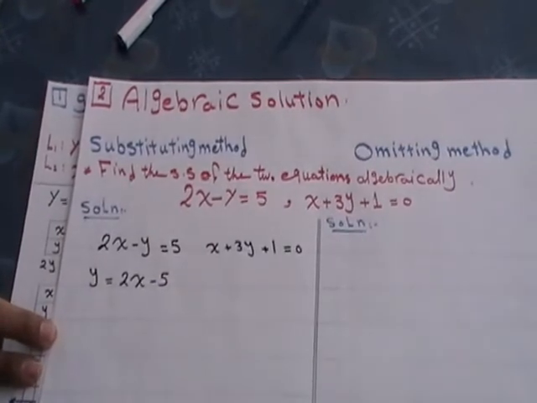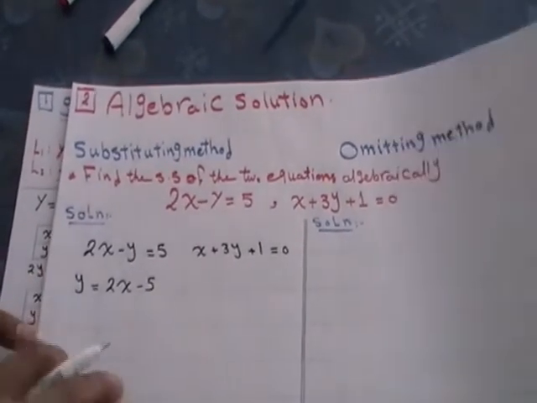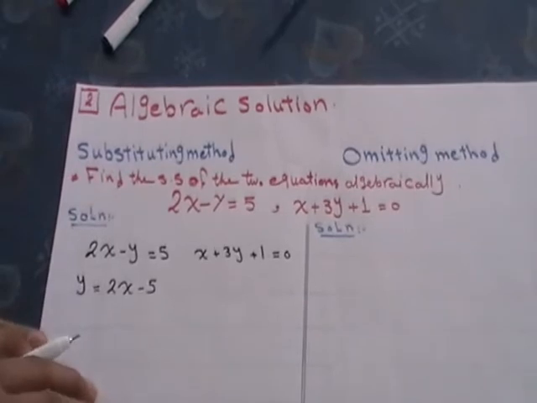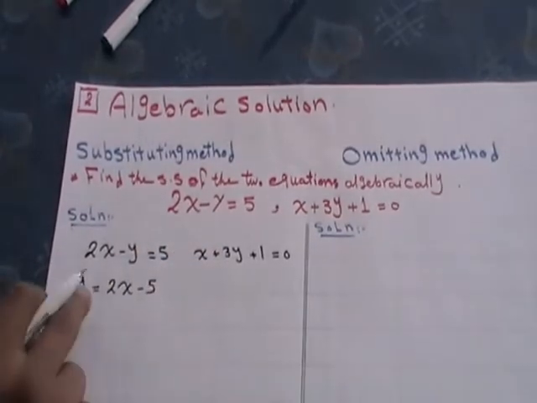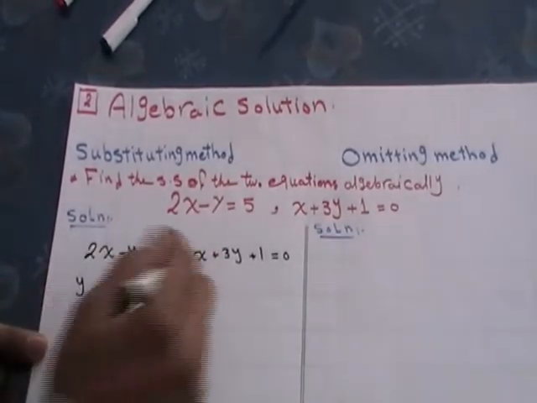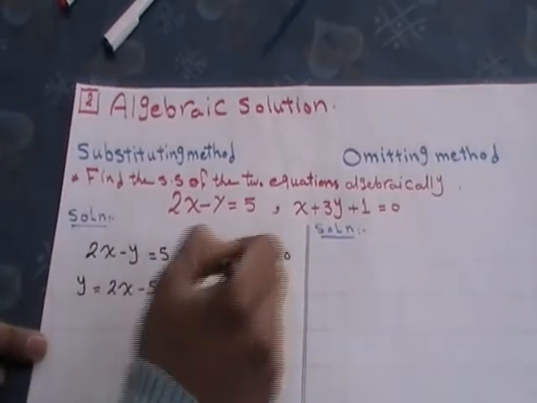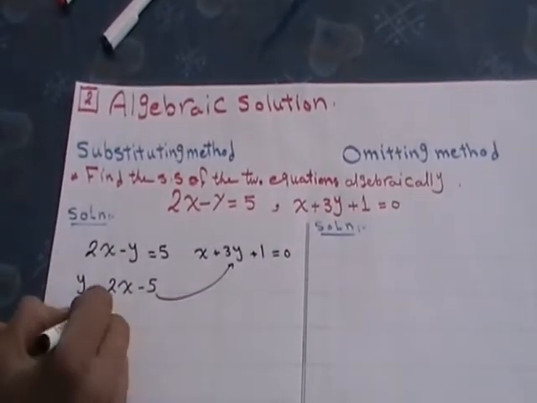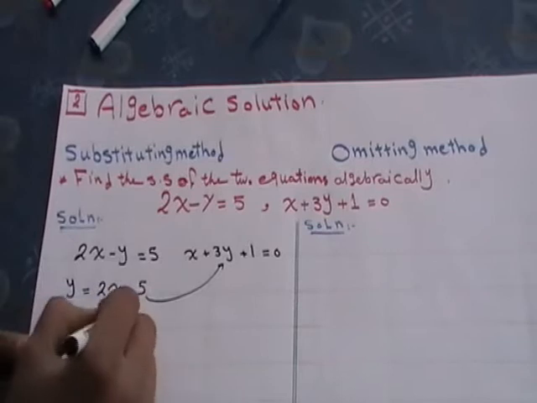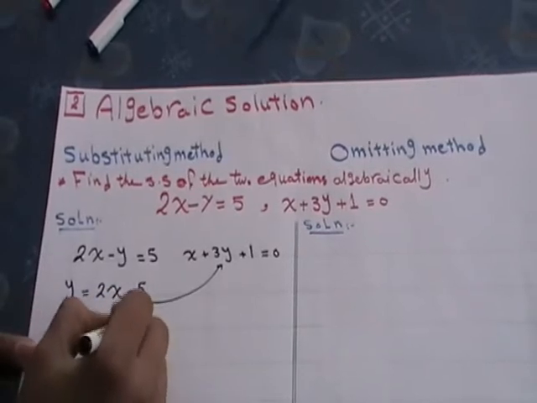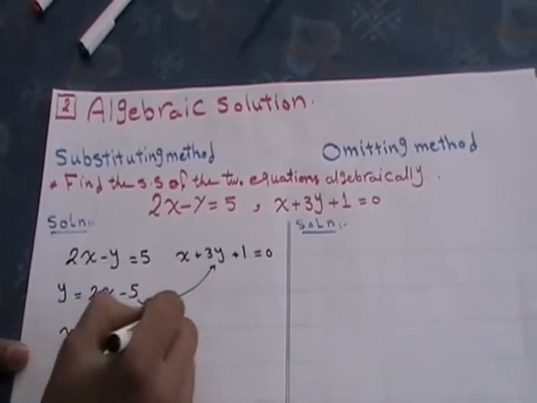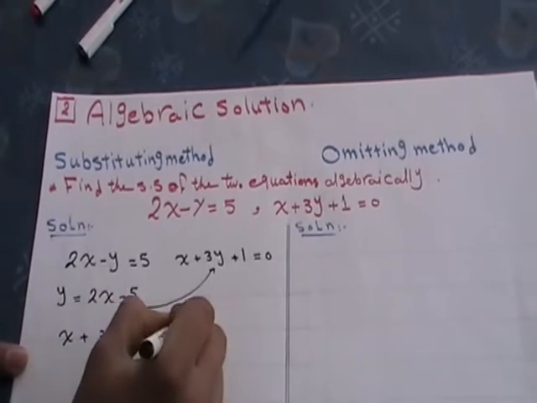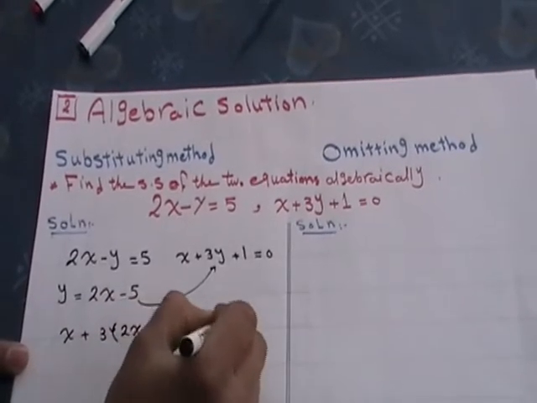And this is the first equation. Go and substitute this first equation into the second equation. If you have y equals 2x minus 5, go and substitute for y in the second equation. So you will have x plus 3 times the quantity 2x minus 5, plus 1 equals 0.